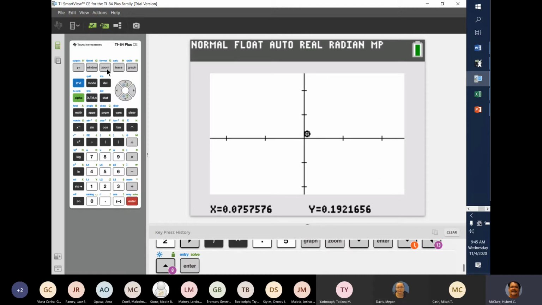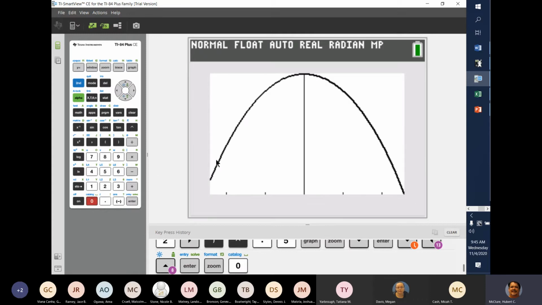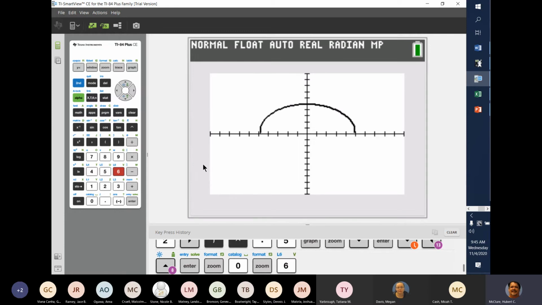And that's too much. Zoom fit. Zoom standard. There, that's good enough. Now, if you draw a horizontal line through that, you would what?